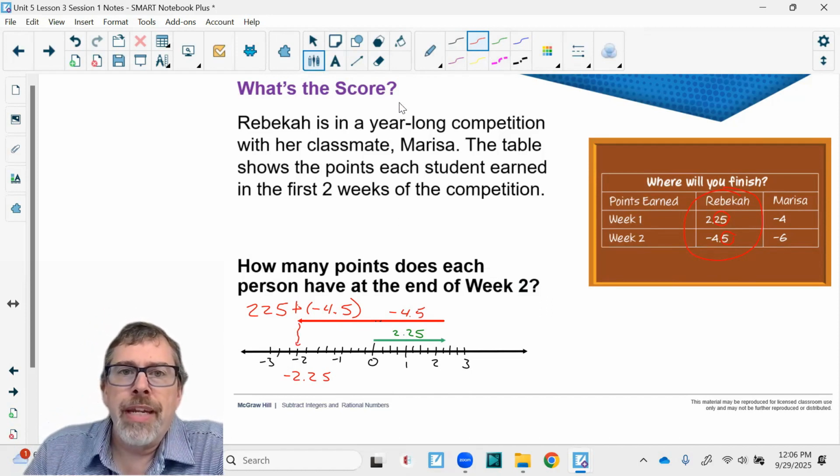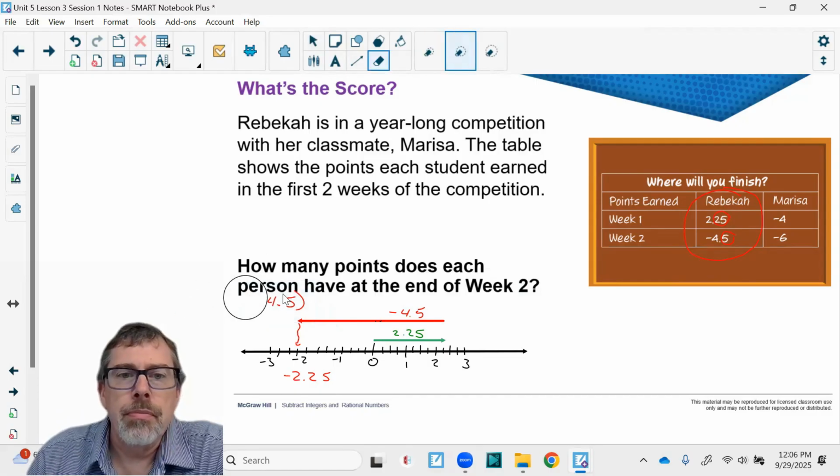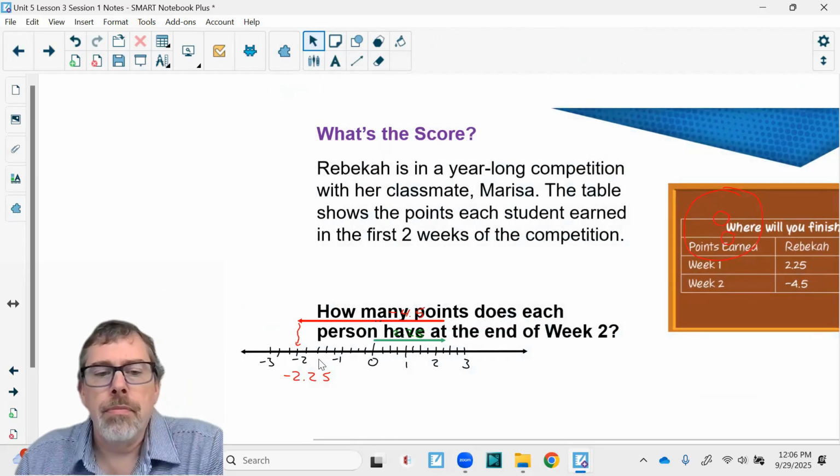We're now going to do the same thing for Marissa. Let me just erase those. Okay, and I'm going to make a copy of this.